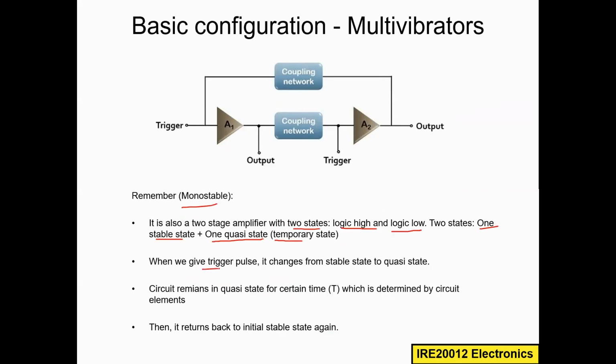When we give a trigger pulse, it changes from the stable state to the quasi state, or temporary state. The circuit remains in the quasi state for a certain time, which is determined by the circuit elements R and C values. Then it returns back to the initial stable state again.